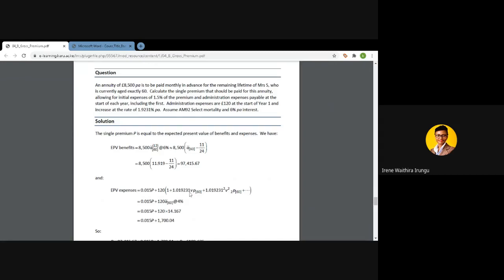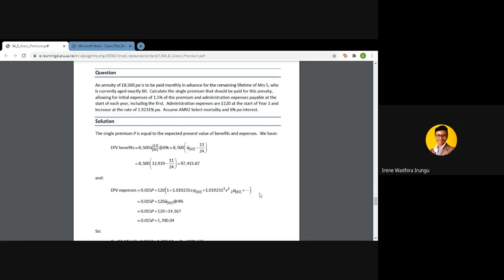But now this is only payable if the life survives from age 60 to 61, and therefore we need to discount for that. We continue on. It will increase again by this squared, discounted to time 2, and these expenses will only be incurred if the life continues to be alive from age 60 to 62.